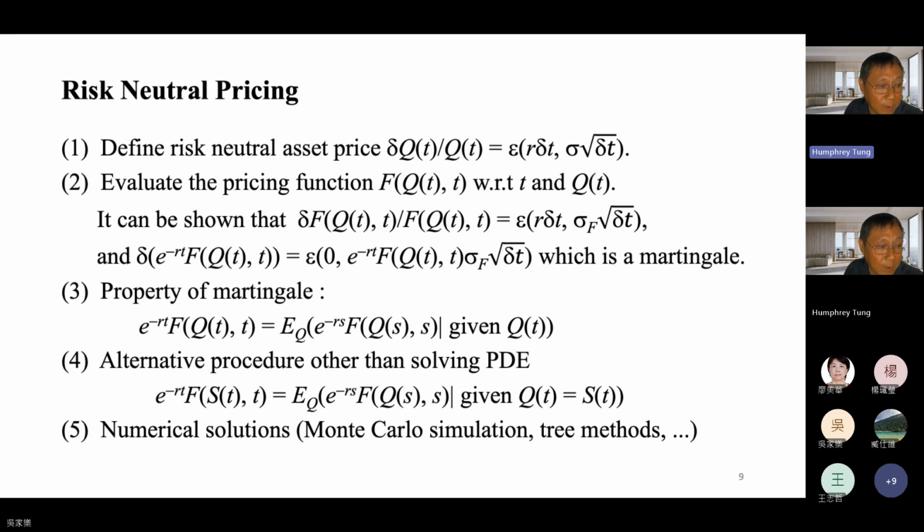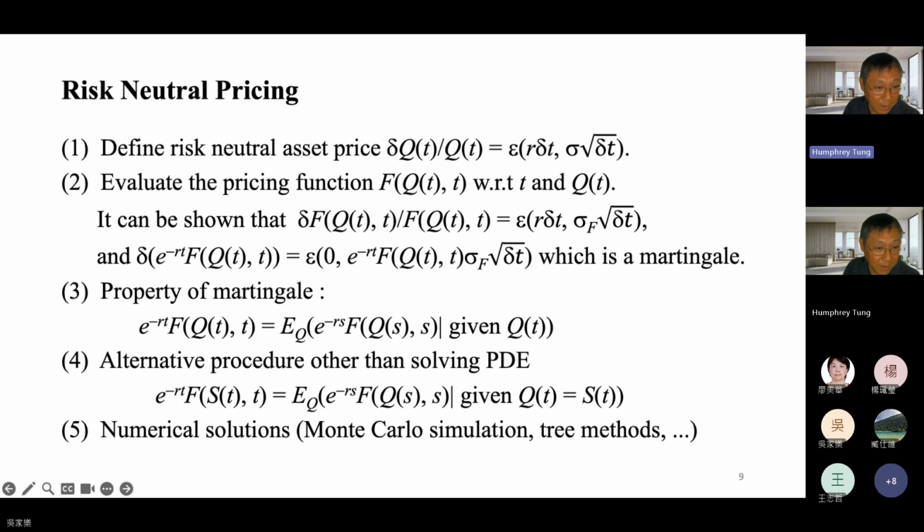On the left hand side of bullet three, if I evaluate at time t the risk neutral price at t, it is the same as the right hand side, at any time s after t with the discount, if you work out the average.